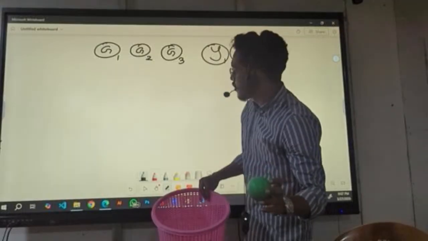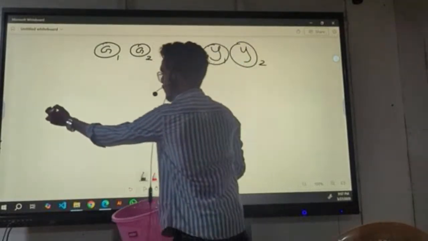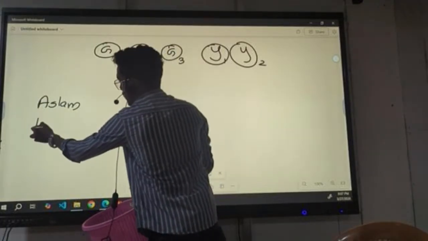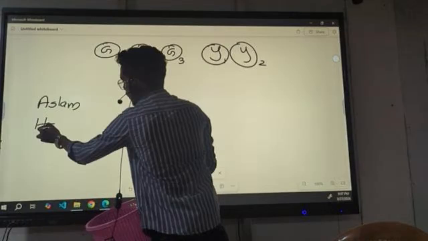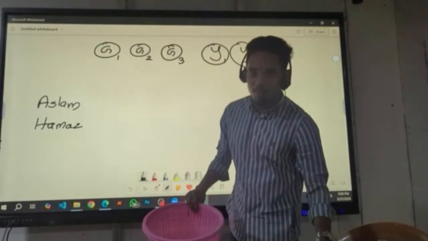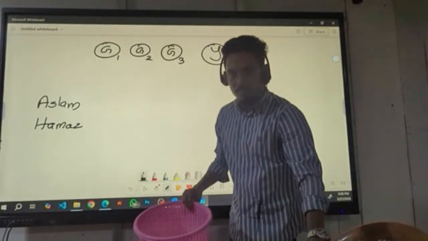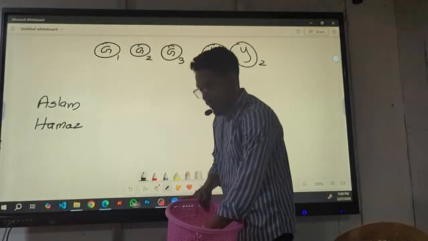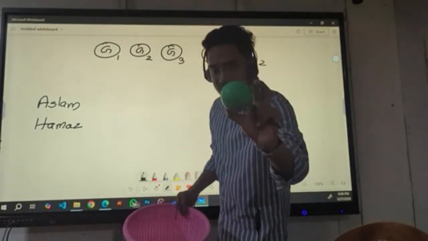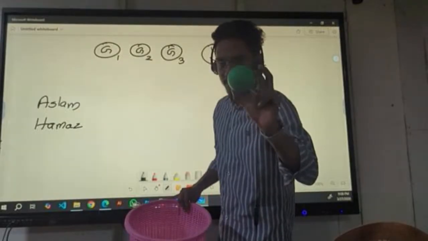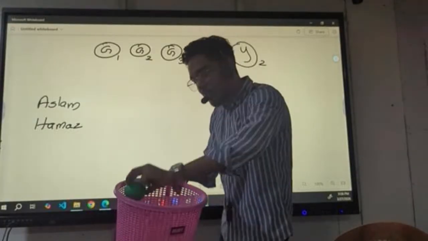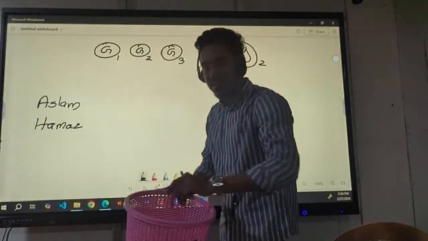Let's take two draws. One is I'll write my name for the first draw. I'm going to take the first ball, and Hama is going to take the second ball. So two draws now. Then the event is going to get completed. Now, if I took this green ball in my first draw, I'm going to replace it back to the basket, which is replacement.